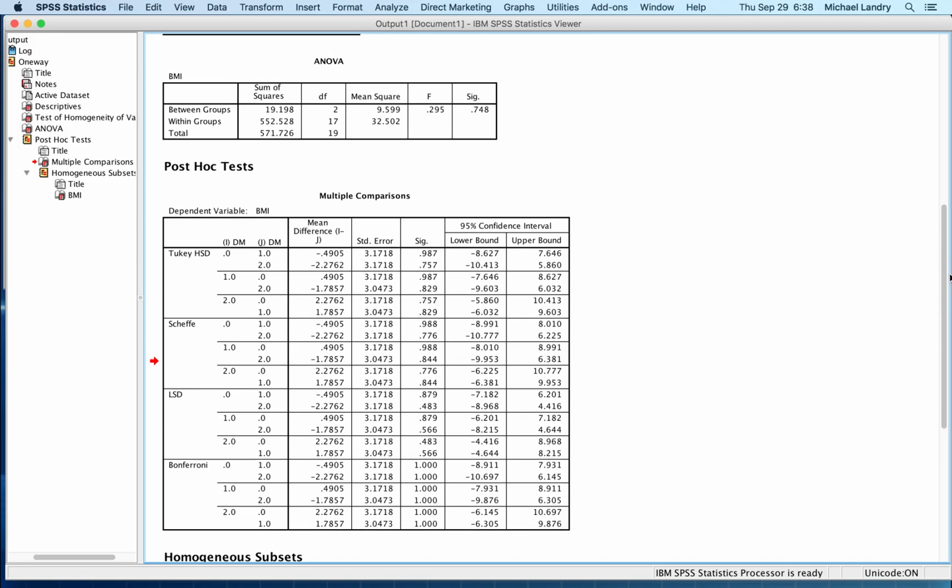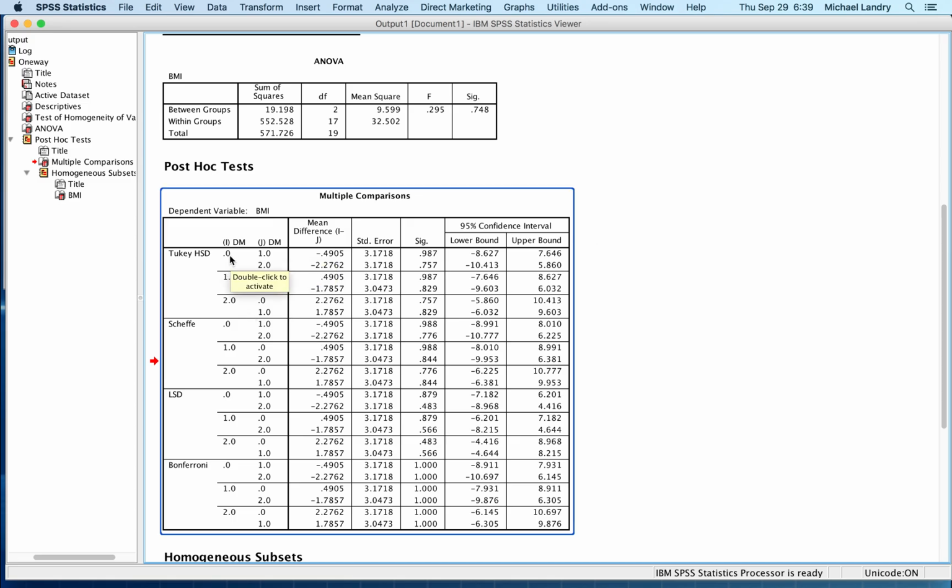And just going through the Tukeys here, what I'd like to show you is how to read this. So remember, in our case, for our independent variable diabetes, 0 meant no history, 1 meant type 1, and 2 meant type 2. So here what we see in this first row is a comparison of those with no history with those with type 1 diabetes, and we notice the significance is 0.987, meaning there's no significant difference in these two groups.